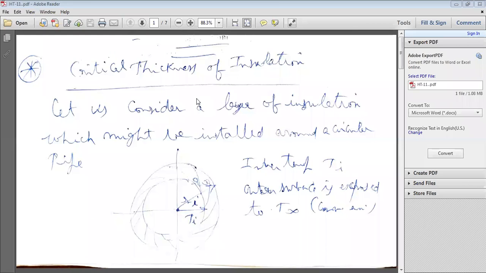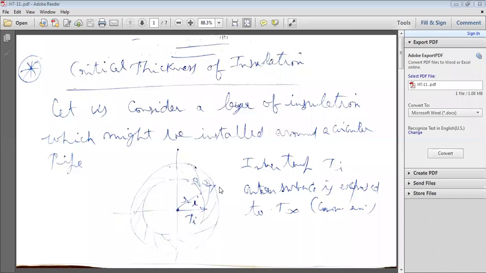And we derived the equation for heat transfer rate: Q is equal to 4 pi K (Ti minus To) into Ri into Ro divided by (Ro minus Ri).